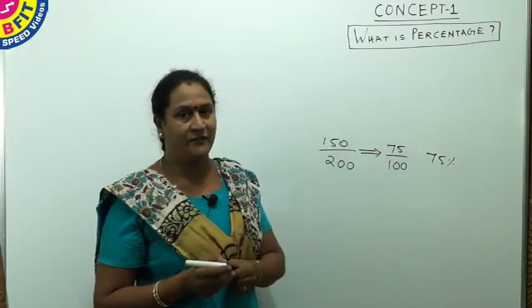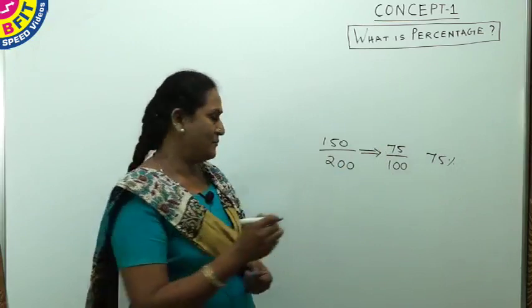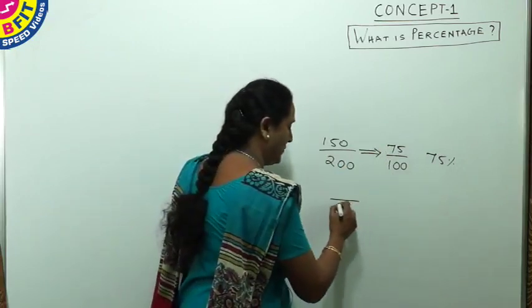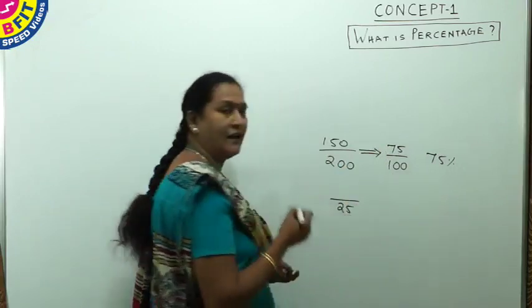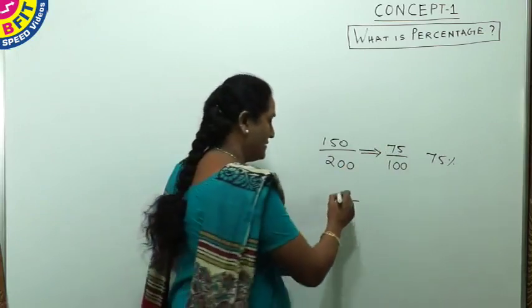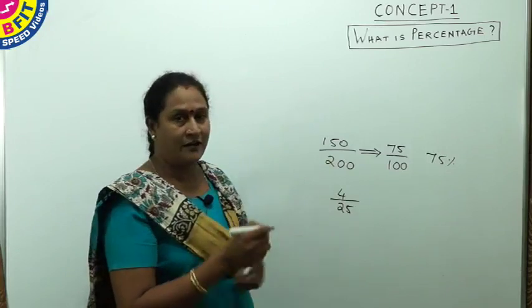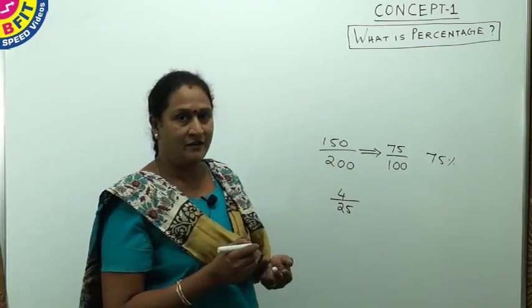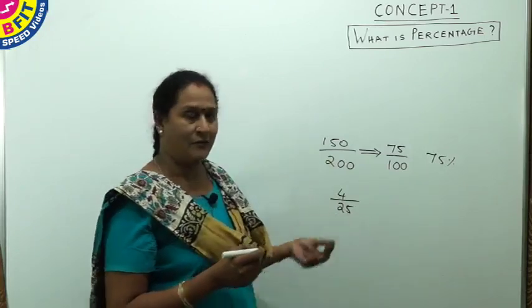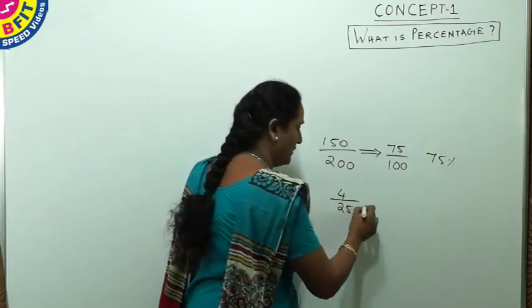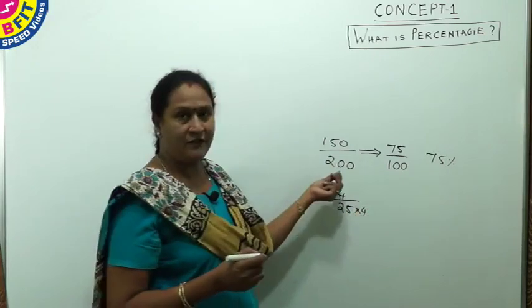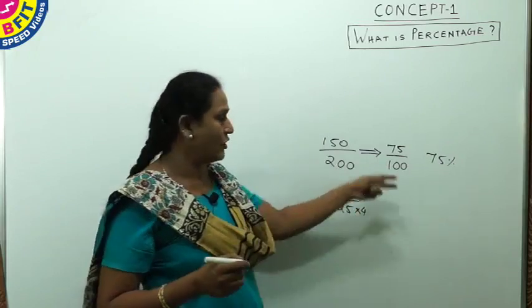value is 75. If for example, in a test a boy gets 4 for 25, what will be the mark for 100? So convert this for 100. How can you get 100 from 25? By multiplying with 4. Earlier we divided 200 by 2 and got 100.